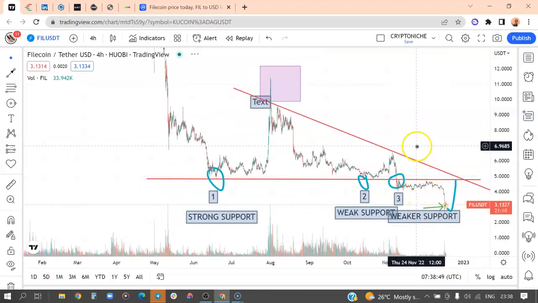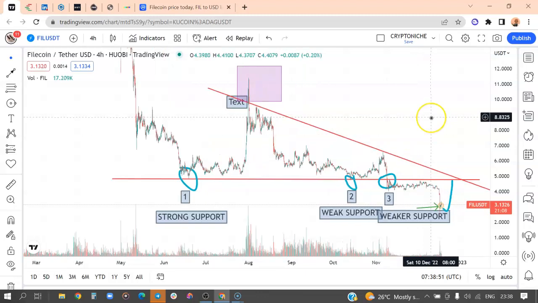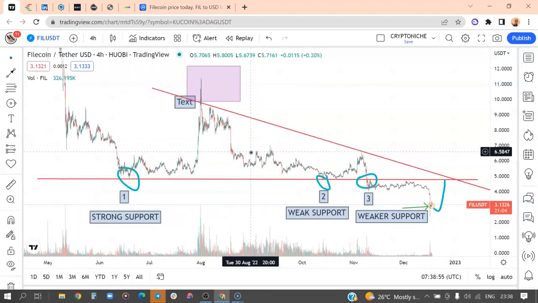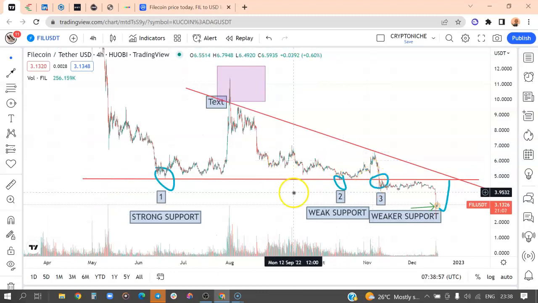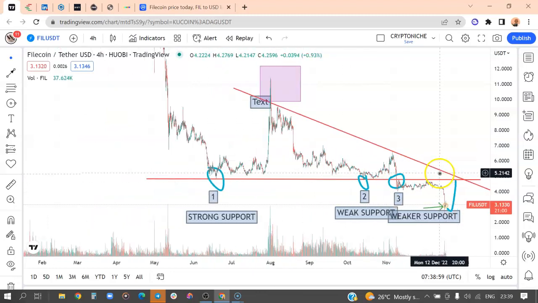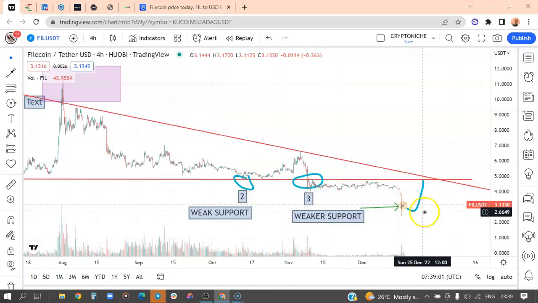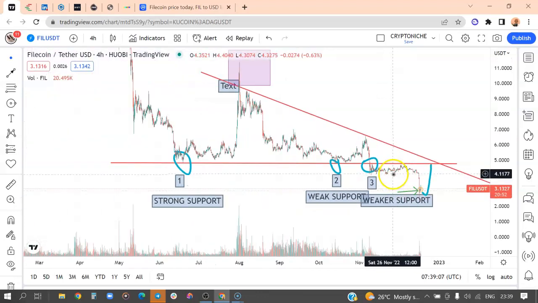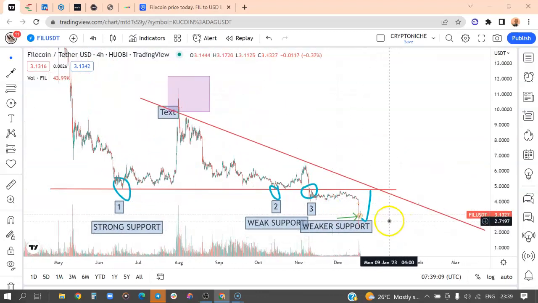If you look at this, this is the general trend on Filecoin. The main support has been broken, and this is the beginning of a new support. There's going to be a sort of new support here.